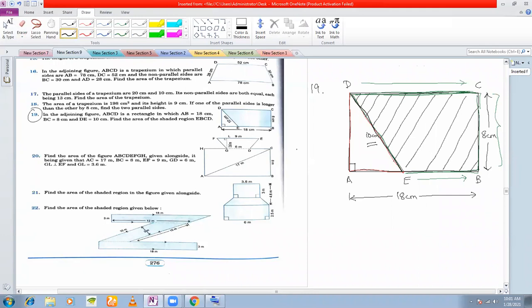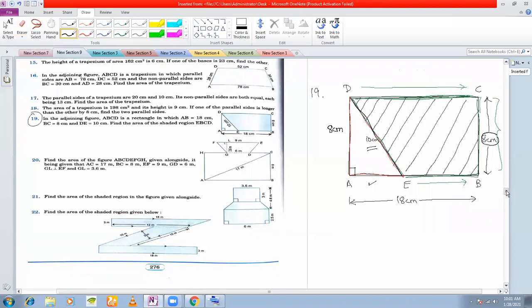And the length of ED is also 8 centimeter, because this length is given to you as 8 centimeters. So you know two sides of this right angle triangle. You can find out the third side by Pythagoras theorem. Okay. So which way would you like me to do? The first, the trapezium way, or rectangle minus triangle way? Let us do the first way, I think. First way should be easier.